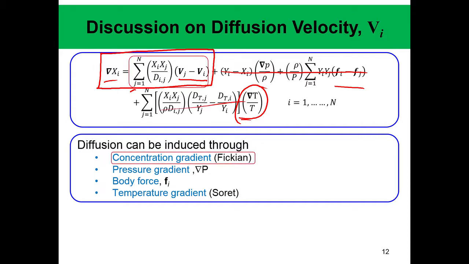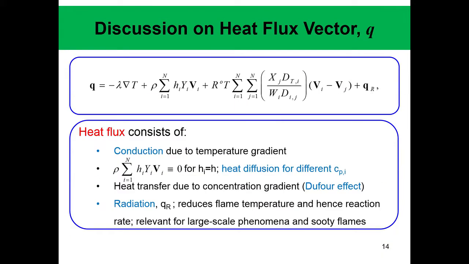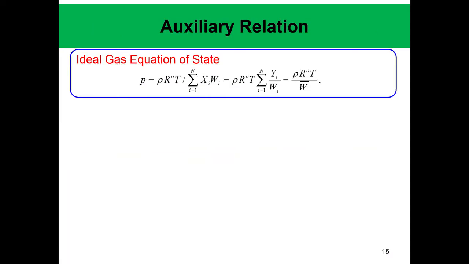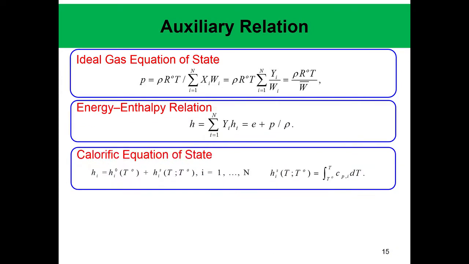Alright. So, these are the different effects out of temperature gradient, pressure gradient, body force, and concentration gradient, etc. We have already discussed this, so we will not go into how the heat flux vector changes. This is just a recapitulation, and of course, we need the auxiliary equations, like the equation of state and the energy enthalpy relations.